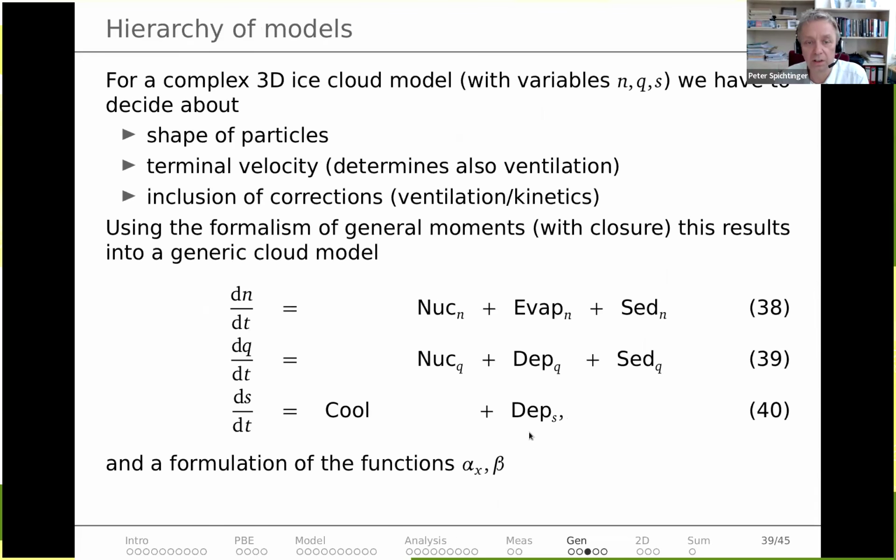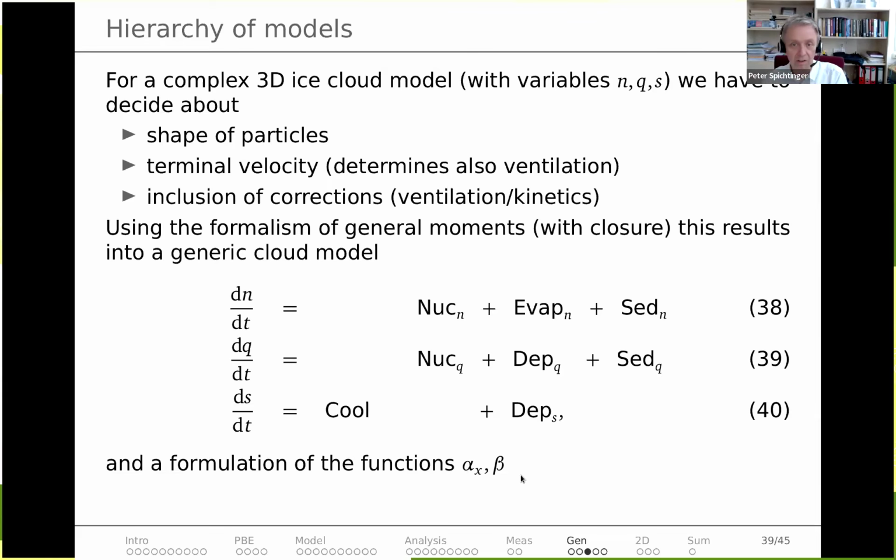So in fact, you can do the same thing for a complex 3D ice cloud model. You decide about the shape of the particles, the terminal velocity, which is also determining the ventilation. You decide about the inclusion of the corrections, and you have more or less the same formalism. From this, the depositional growth terms and the sedimentation terms, you have a formulation for these alpha and beta functions too.